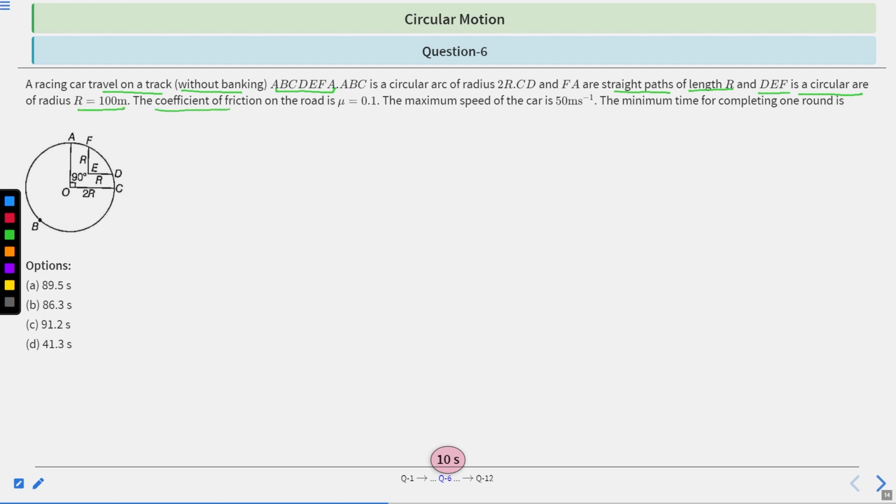The coefficient of friction on the road is mu equal to 0.1. The maximum speed of the car is 50 meter per second.